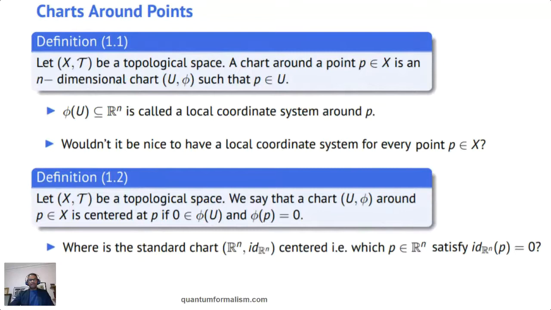So we say we charted the point P. Phi of U, remember U hat, which is in Rn, is called the local coordinate system around the point P. Now the question is, wouldn't it be nice to have a local coordinate system for every point P in X?